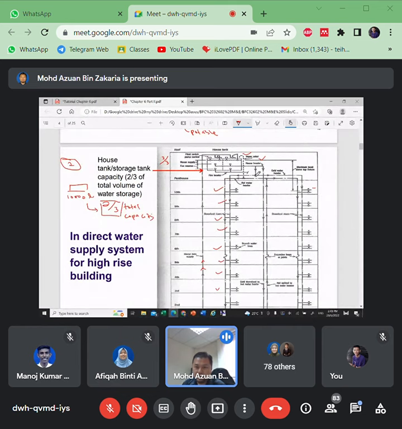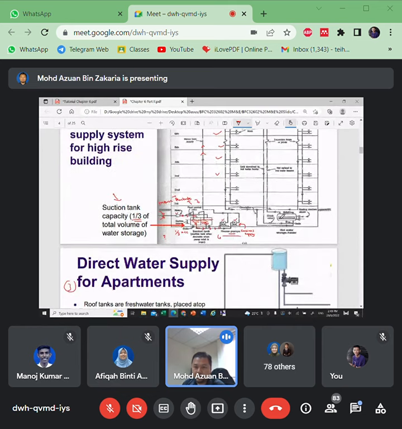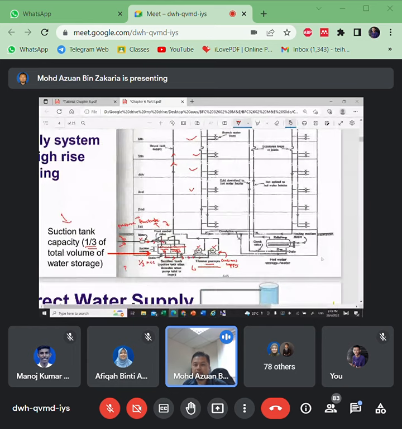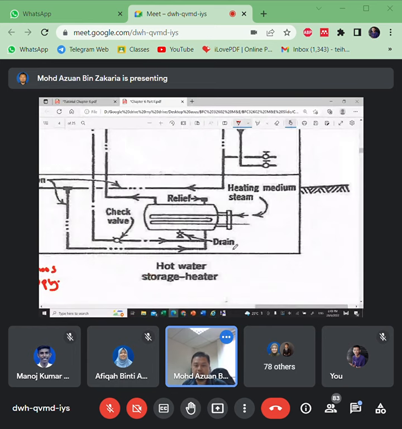If the building needs a heating system for hot water, there is a hot water generator here, a boiler. From the main tank, the cold water will be sent to the boiler, and then the hot water will be sent to all the houses. The boiler can be at the bottom or at the upper part of the building.